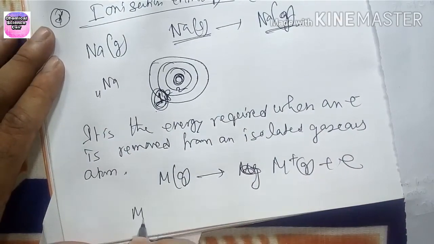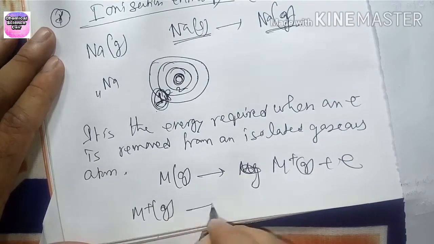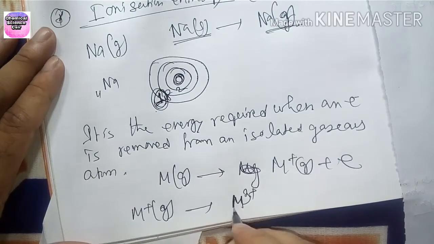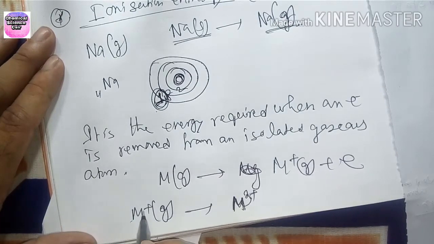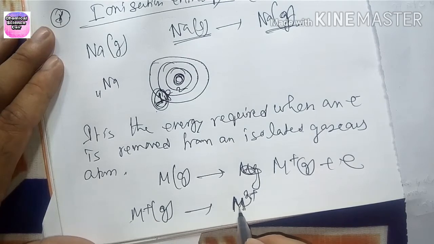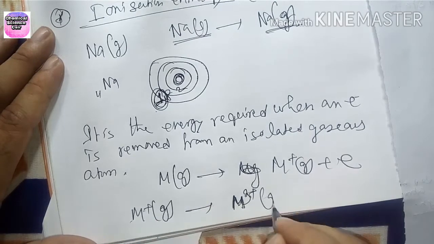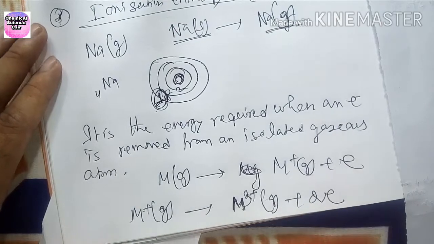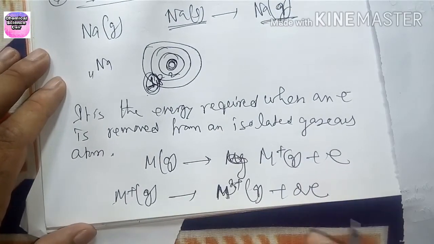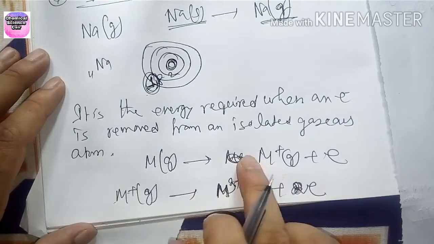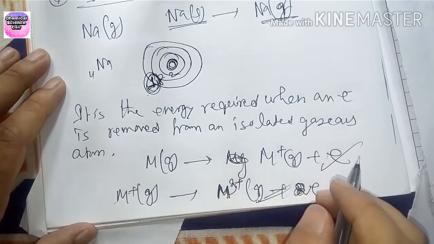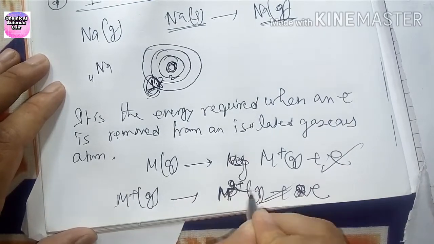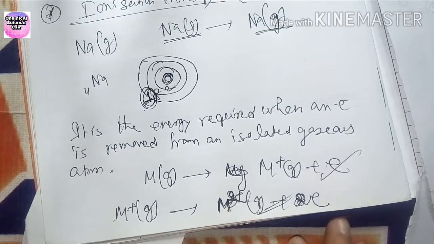This one is first ionization enthalpy, this one is second ionization enthalpy. Like this, third ionization enthalpy is there.